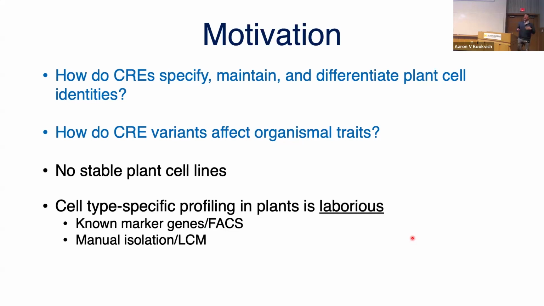And so when there have been efforts to profile and understand cell type specificity and cell type functions in plants, it's been really hard. And the way that it's had to have been done has only been done actually in a single tissue in one species, in Arabidopsis roots. And that was a huge effort where basically they had to use known marker genes, right, with known cell type expression patterns and clone them in front of a reporter and then sort cells, right?